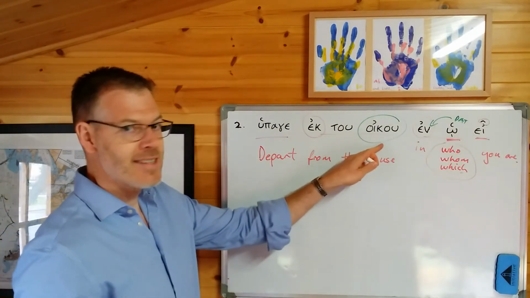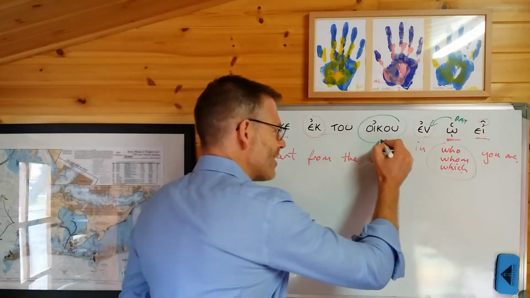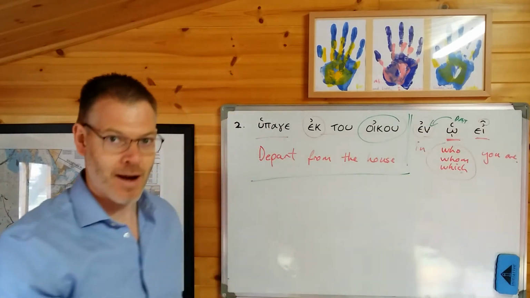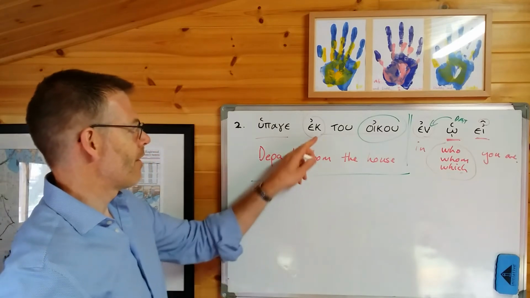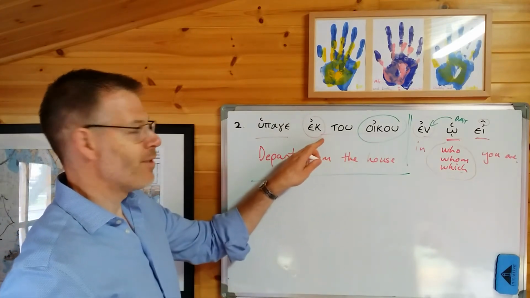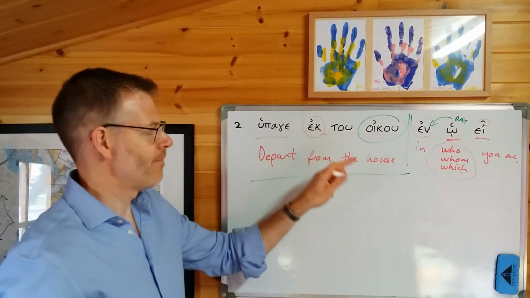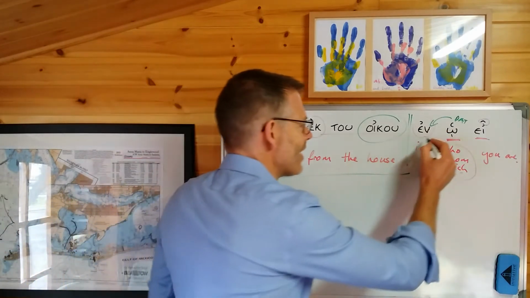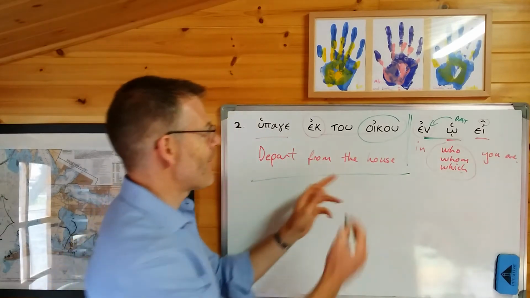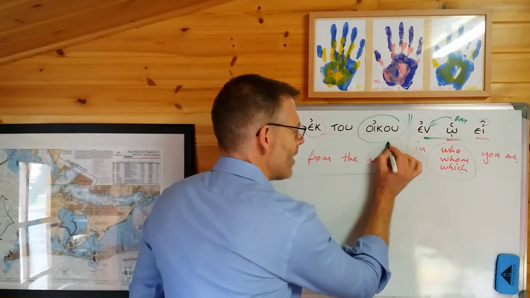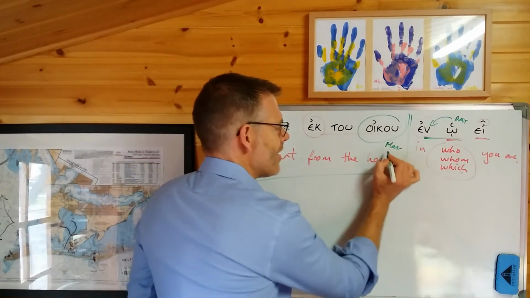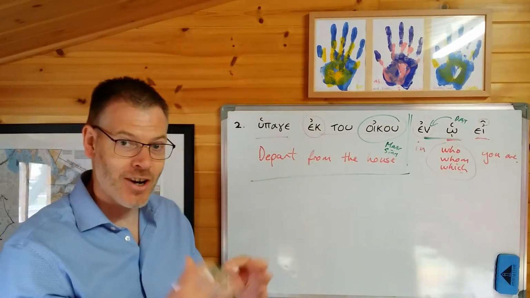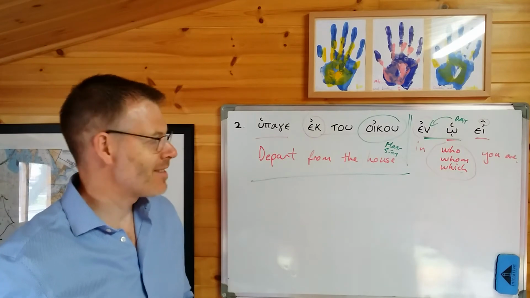Here it's genitive because the case of this is determined by its function within this clause, as the complement of ek, genitive. But this is in the dative case, governed by its function within this clause. They match, of course, in gender, masculine, and in number, singular. So that's how the structure of the sentence breaks down.